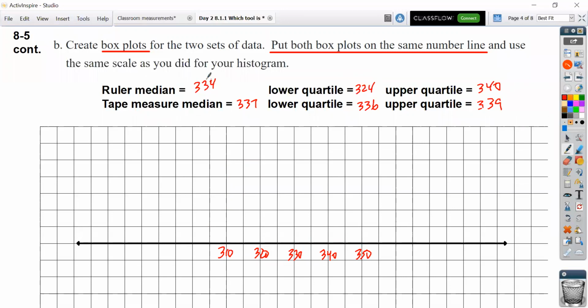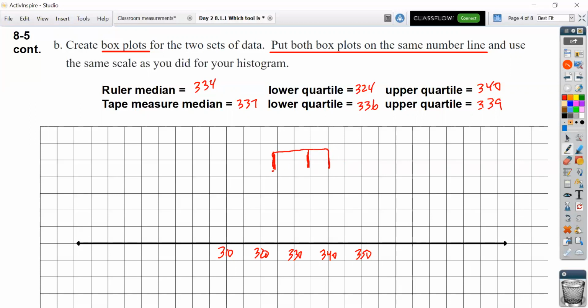So that started with a low of 324, lower quartile about, and I'll put it up here kind of high. There's the quartile 1, a median at 334. We'll put that one about here too. And then an upper quartile at 340.